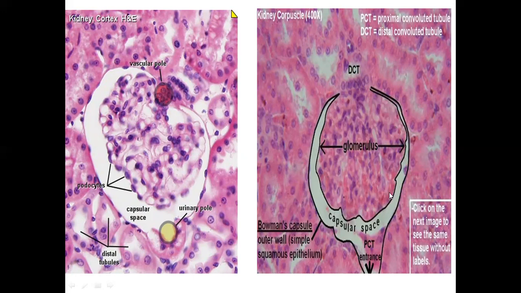This is the visceral layer, which is covering the glomerulus, not evident. Then the simple squamous epithelial layer, as evident here, is the parietal layer, and collectively these two layers form the Bowman capsule, and the central part of the Bowman capsule is the glomerulus, the tuft of capillaries.